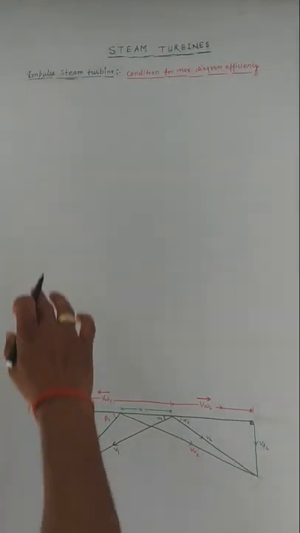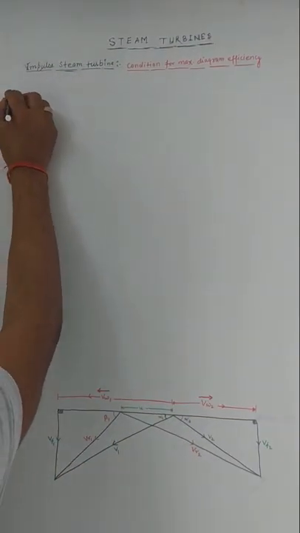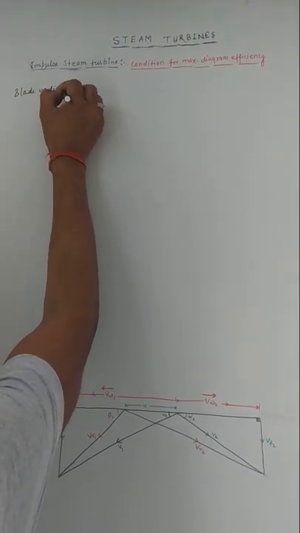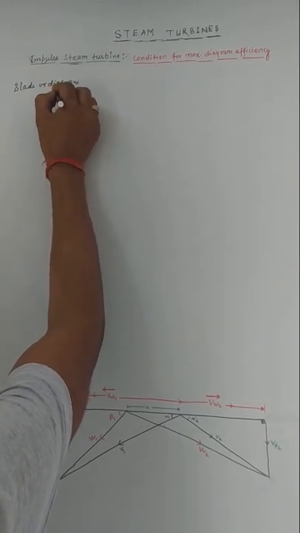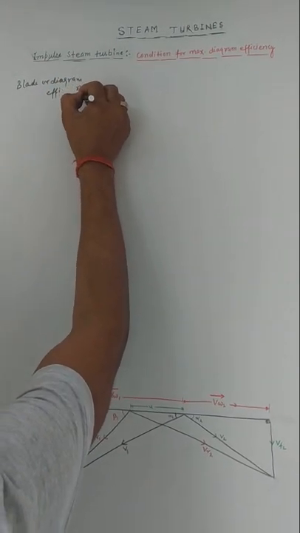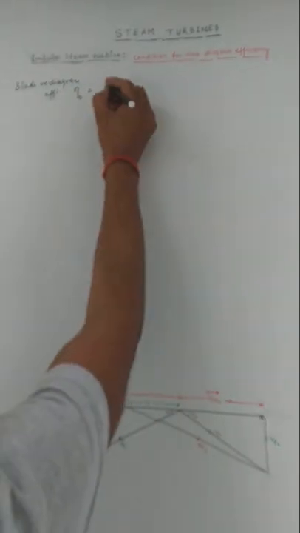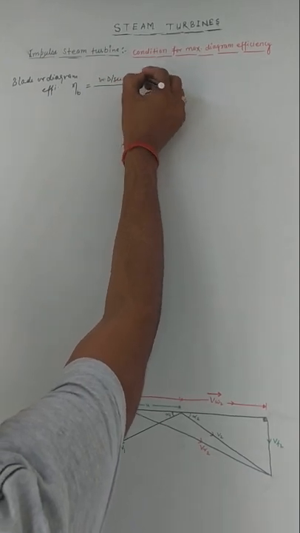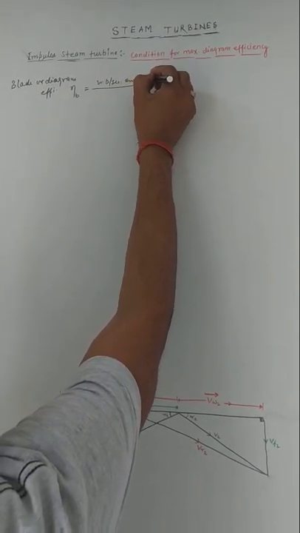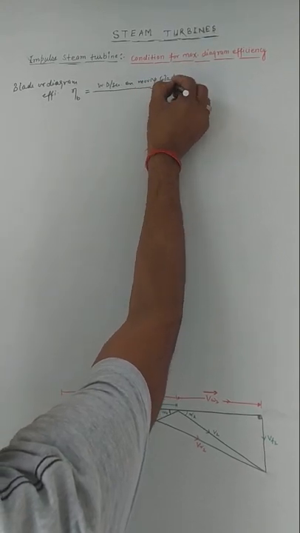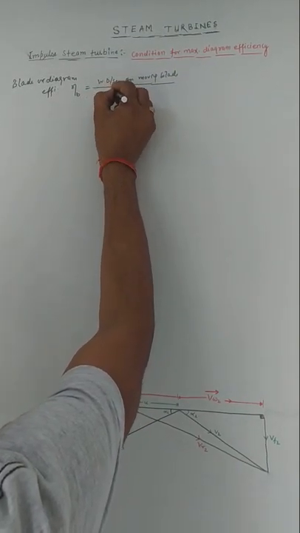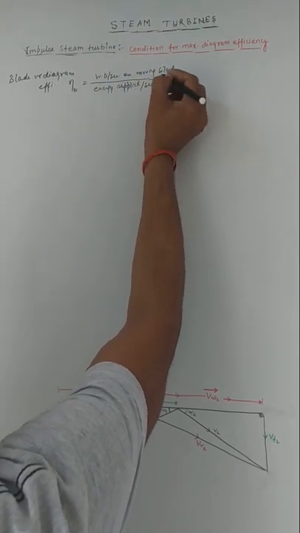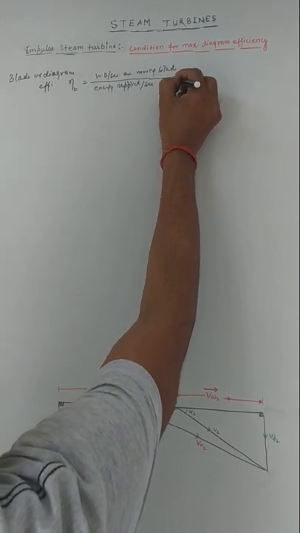Blade or diagram efficiency, η_b, is equal to the ratio of the work done per second on the moving blade to the energy supplied per second to the moving blade.